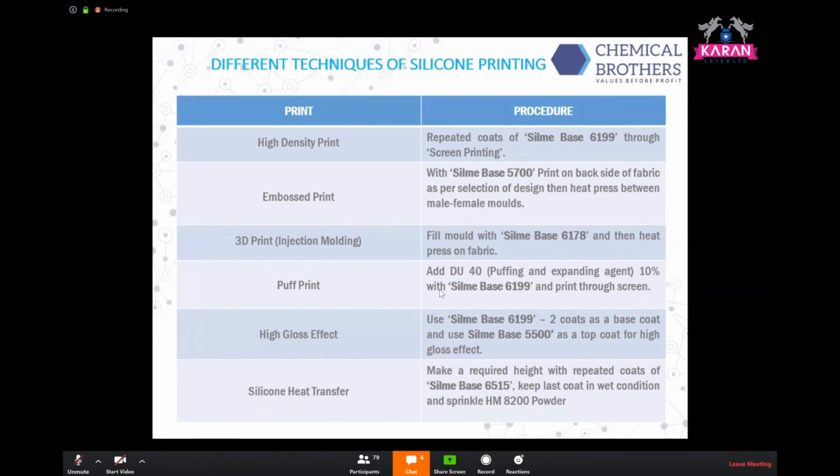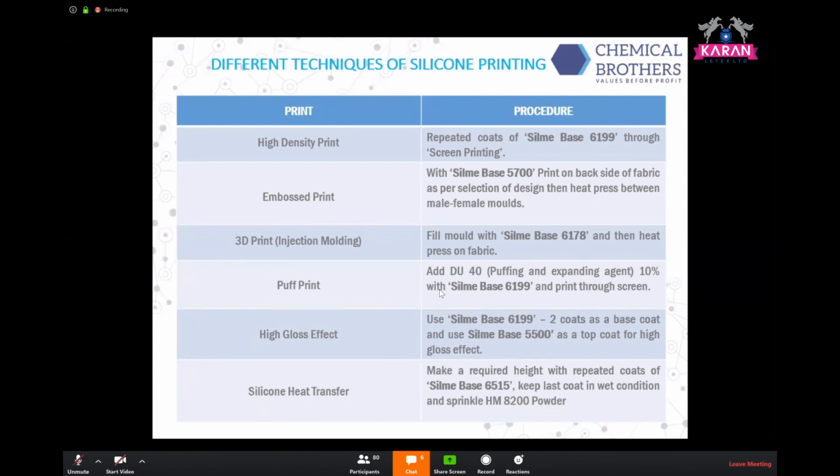And next we have silicone heat transfers. In that process, the ink is very easy to process. Just make the required height with a repeated number of coats through screen printing, and make sure that the last coat is in a wet condition to sprinkle the HM powder.